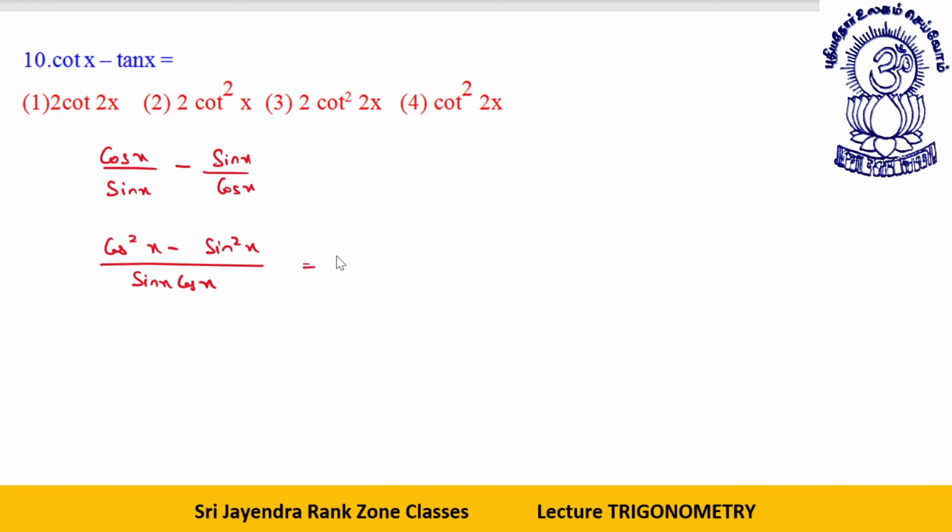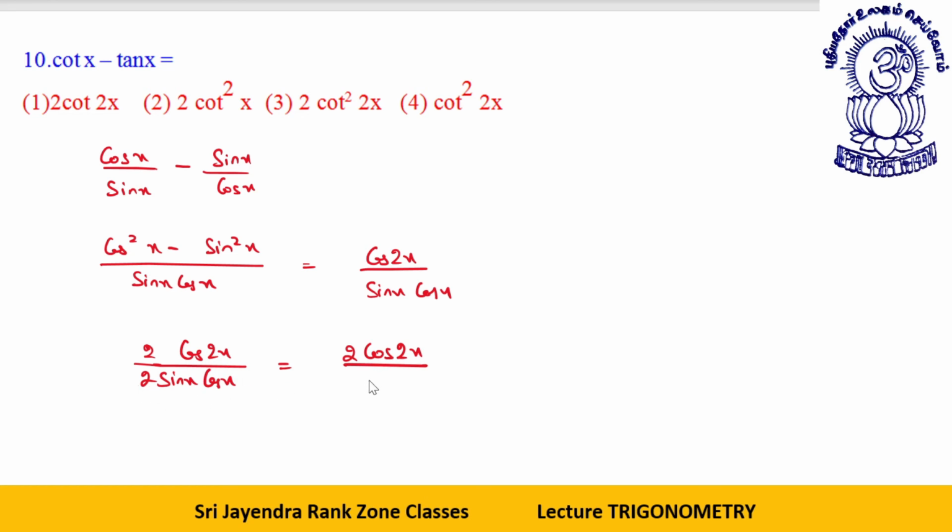This can further be written as cos square x minus sine square x is cos 2x divided by sine x cos x. In the next step, I'll multiply and divide by 2. This becomes 2 sine x cos x into cos 2x, this becomes 2 cos 2x.